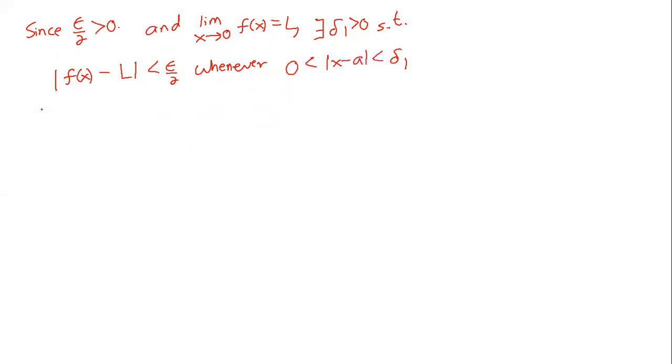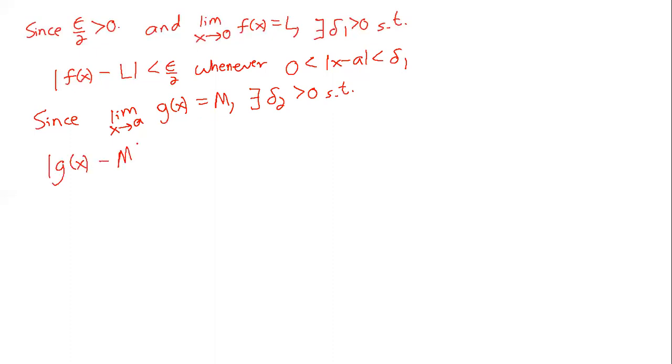And then we also will have a similar thing for the other case. Since the limit as x goes to a of g of x equals M, there exists delta 2 greater than 0 such that the absolute value of g of x minus M is less than epsilon over 2 whenever 0 is less than absolute value of x minus a is less than delta 2.